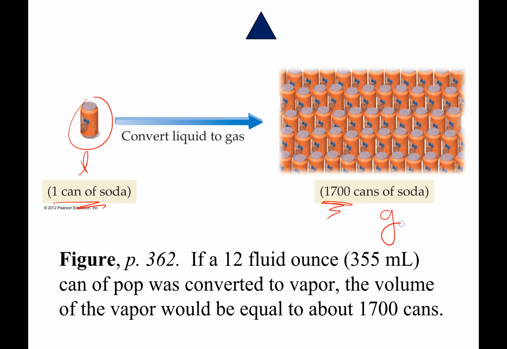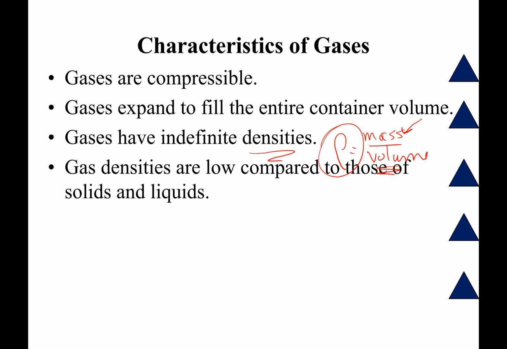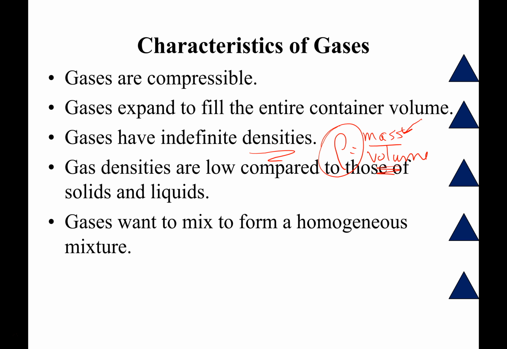Does that make sense? I think that's kind of a strange sort of thing. What else we got? Actually, taking 1 can of pop and making it into 1,700 cans of gaseous pop, that's what this is showing, that gas densities are low compared to those of liquids.